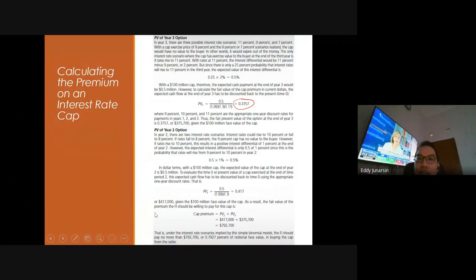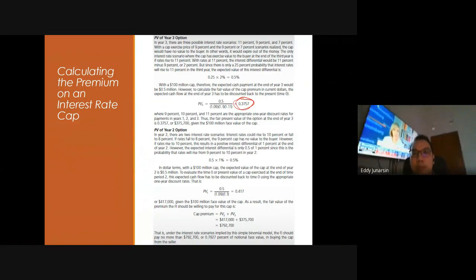So 375,000, okay? 375,000, 700, okay? Per contract, right? Per contract. Or for this contract.